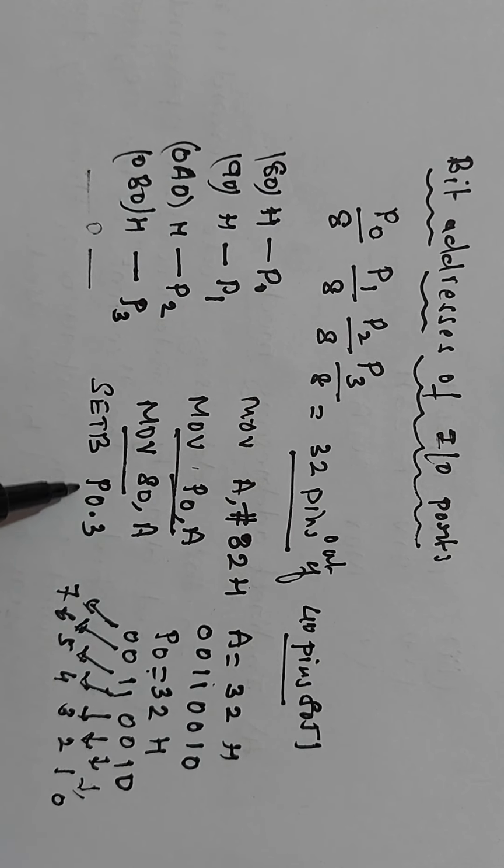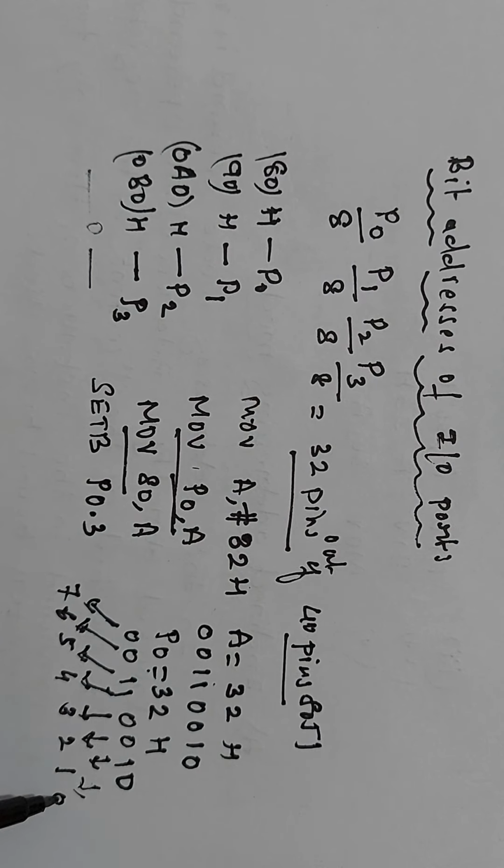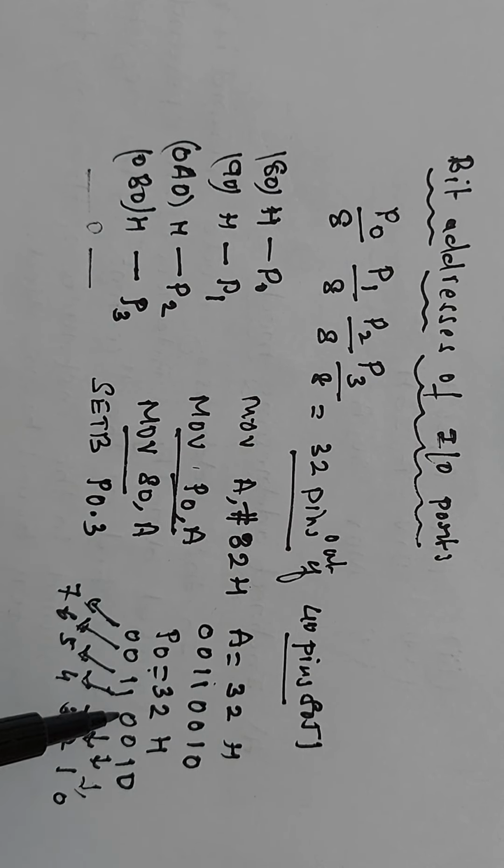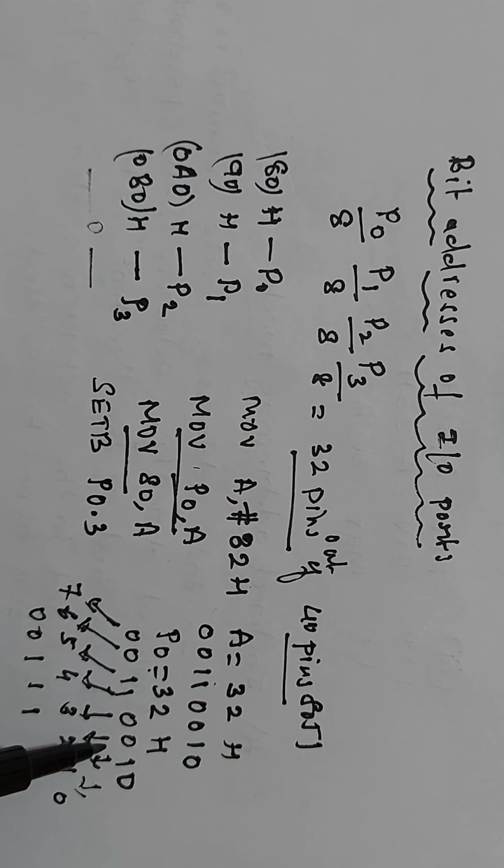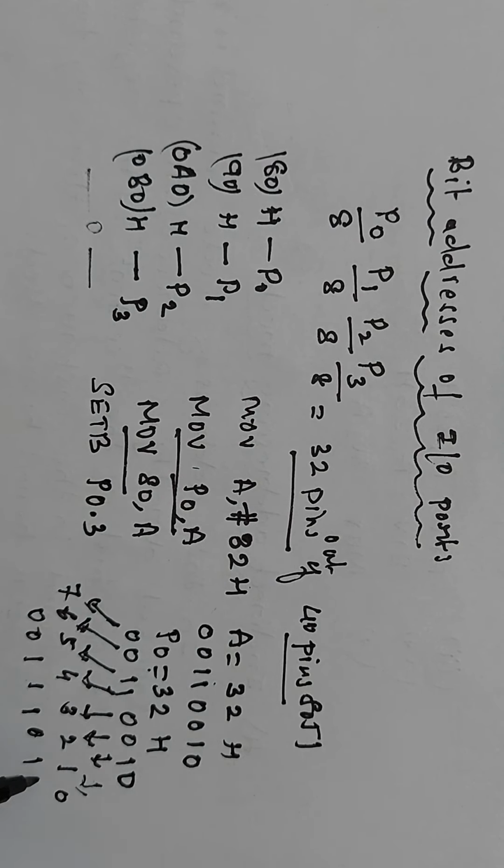What is the third bit of port P0? This is bit 0, bit 1, bit 2, bit 3. That is, this is set to 1 and all the rest remain the same.